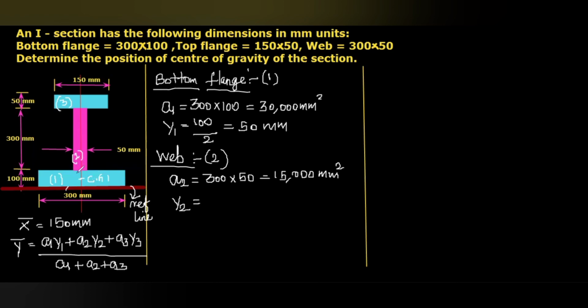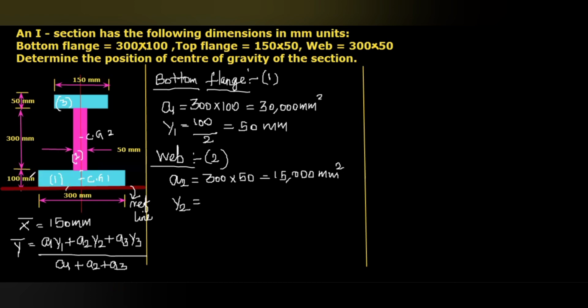The Y2 means, here you can see this is the bottommost line of the second rectangle. From this point, that means the top point of the first rectangle, to the center of gravity. This center of gravity, CG2, will be at a distance of 300 by 2. But we need it from the reference, that is the bottommost line.